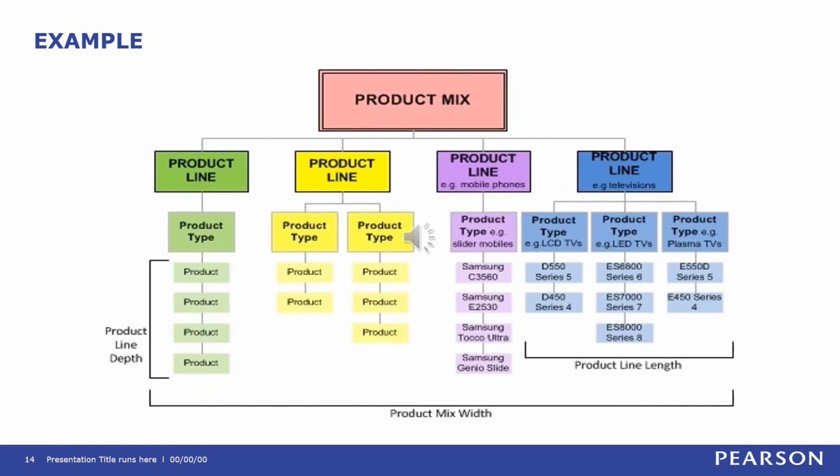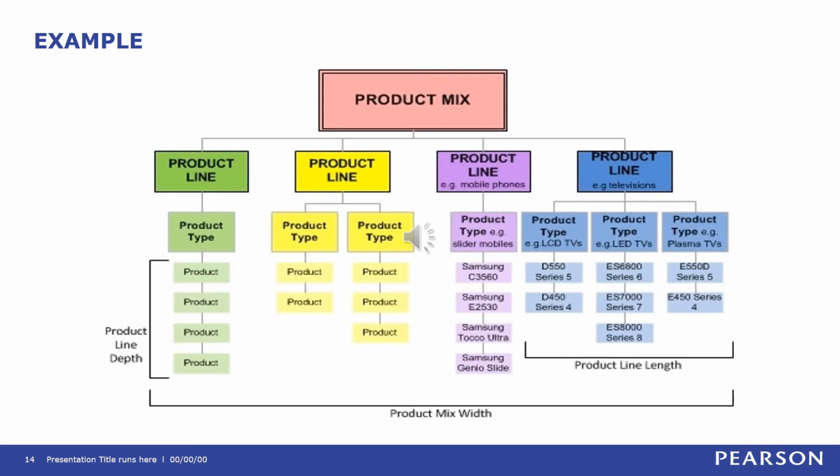They have the first product line, television, the second product line, mobile phone, and the third product line, other home appliances, electronic appliances, and so on. So in general, the company has quite a number of product mix between mobile phone, television, and other home appliances. This is what we call the product mix width.